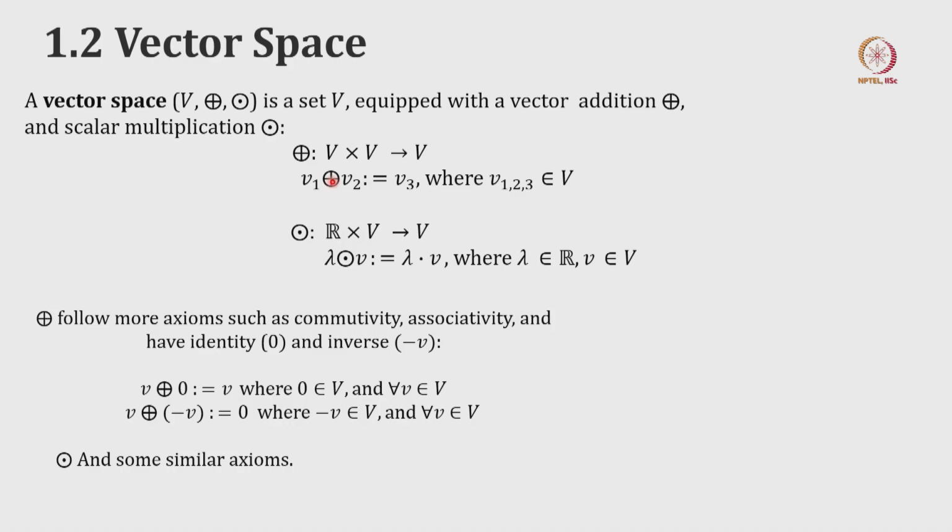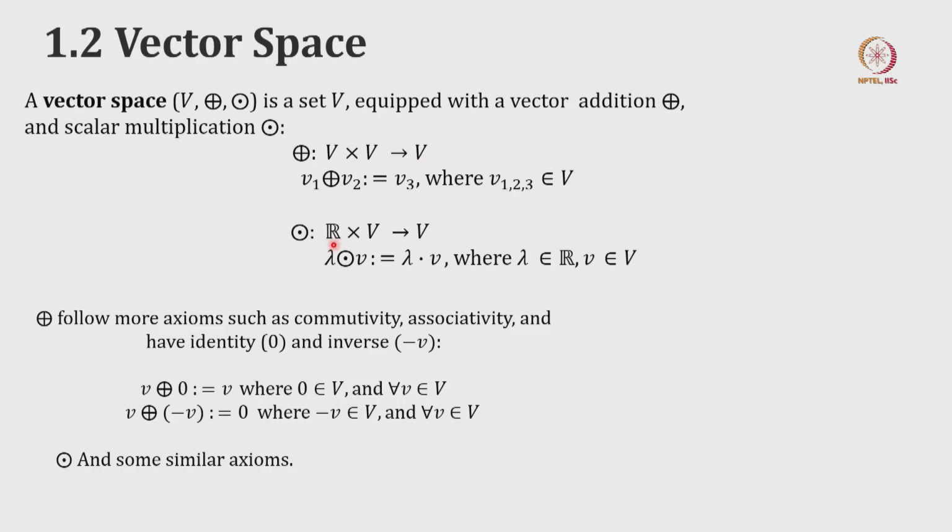So, this is some addition that we have to define based on the set. If it is a vector, then you have the vector addition, and there is a rule for vector addition and so on. 2 elements if you add, you get a new element which also should be part of the same vector space. Okay.